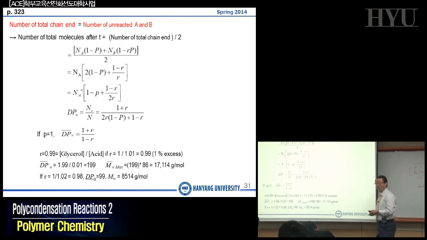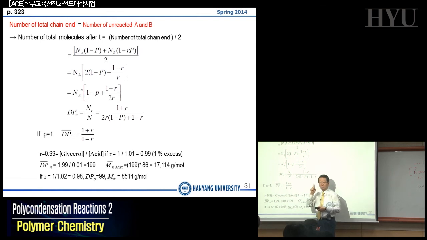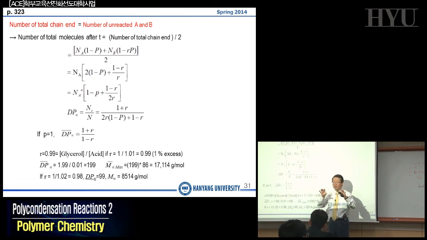Let's say that we have a feed ratio equal to 1. Then DPn will be infinite. So if you have equimolar amounts in your system, DPn will be infinite.